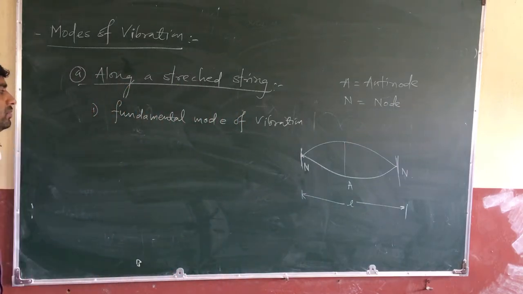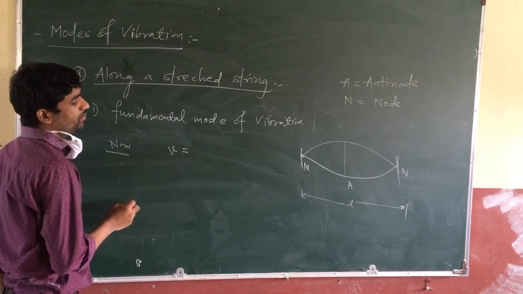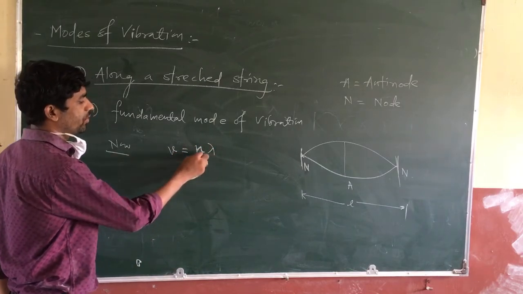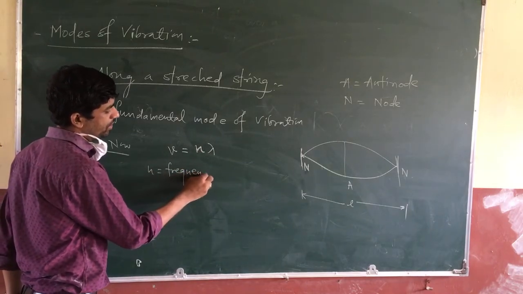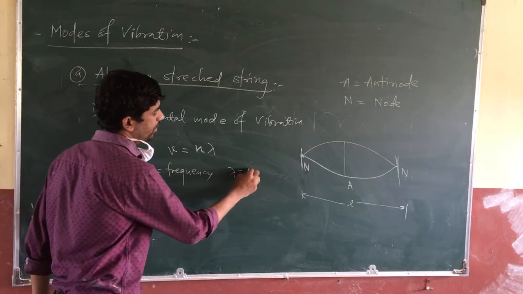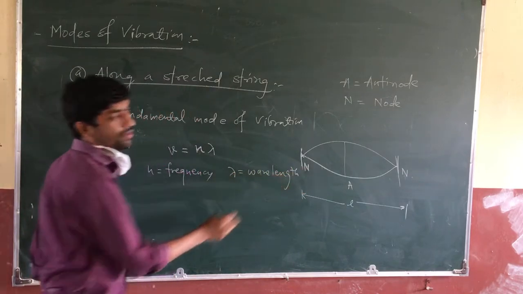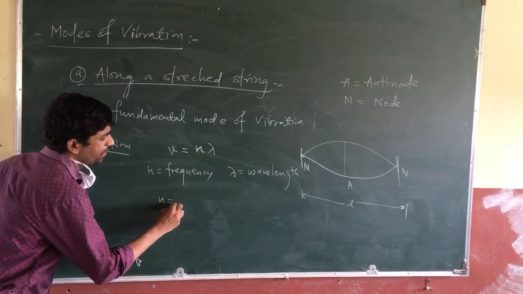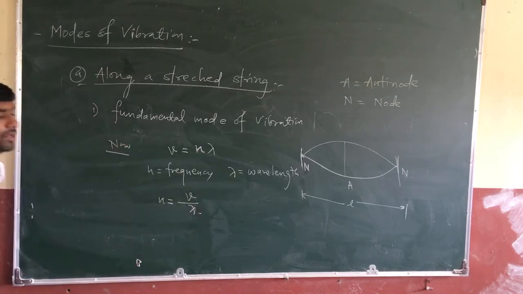Now, what is the formula for the velocity of a wave? V is equal to the frequency into the wavelength. What is n here? n is your frequency. And what is this lambda? Lambda is your wavelength. From this equation, frequency is the ratio of velocity divided by wavelength.